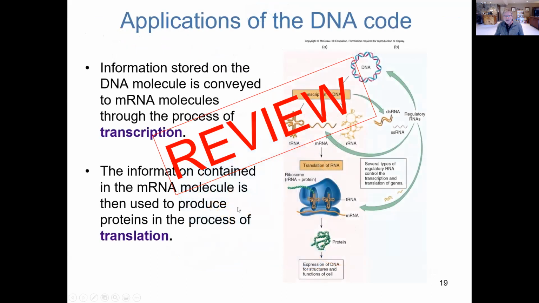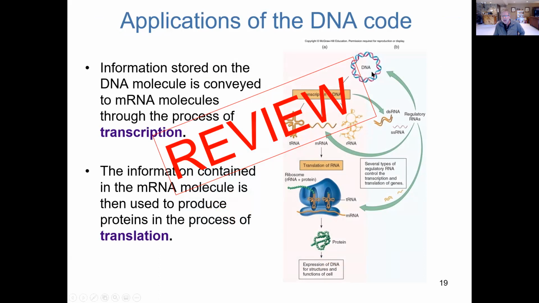All right, so let's talk a little bit about the process. Let's talk about it in general, providing an overview right now, and then we'll get into some more of the specifics. So what we're talking about is what occurs within a bacterial cell as the DNA in its circular chromosome is utilized to help produce some type of protein.